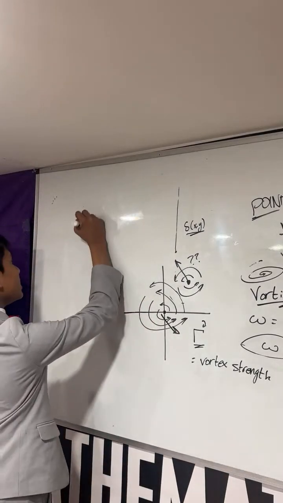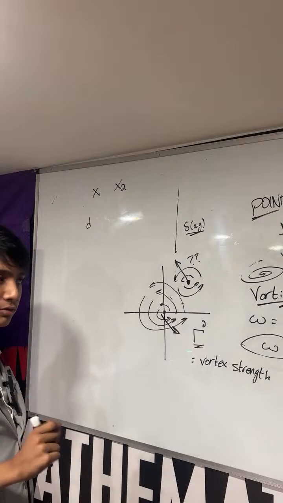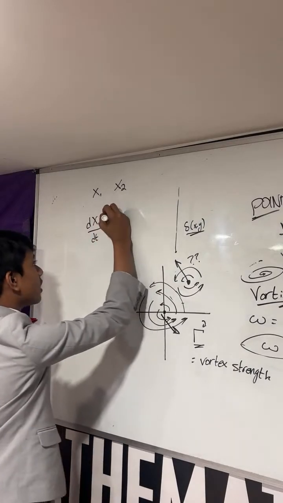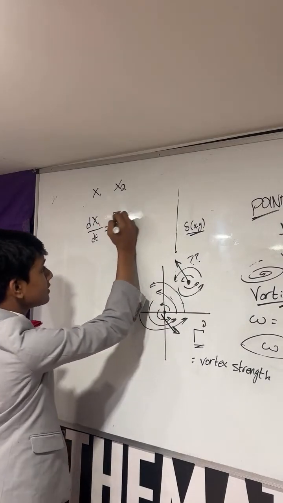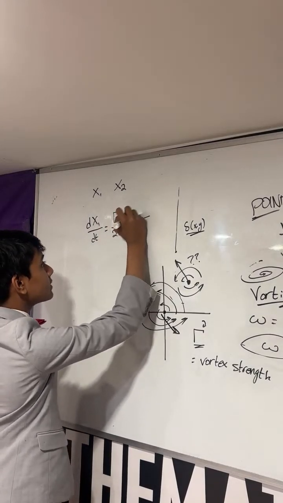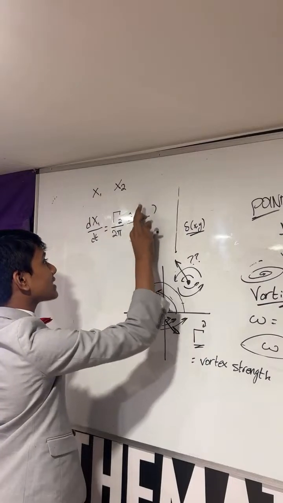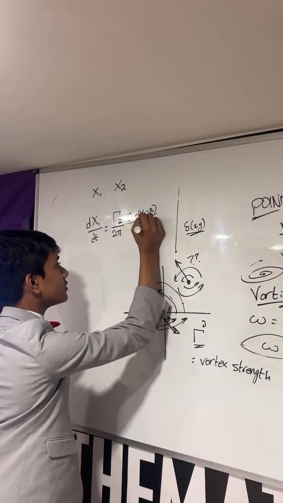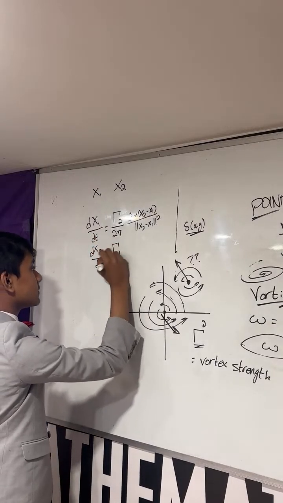Now, that means that let's call x1 the location of our first point vortex and x2 the location of our second. dx1/dt is going to be the velocity induced by the second point vortex, which is the strength of the second point vortex divided by 2 pi, multiplied by z cross (x2 minus x1), divided by the magnitude of x2 minus x1 squared. dx2/dt is the opposite.